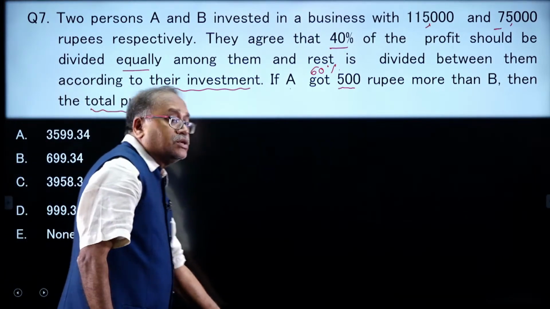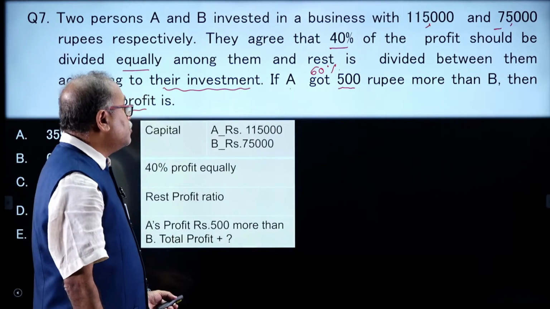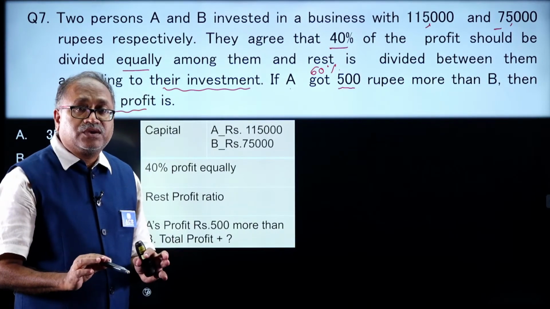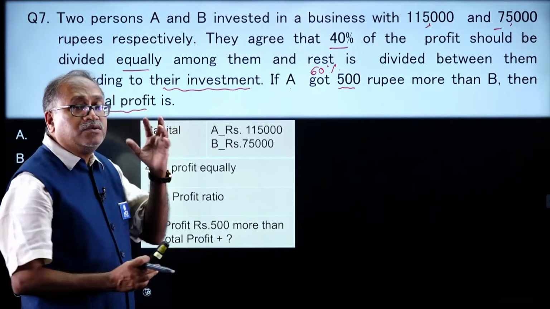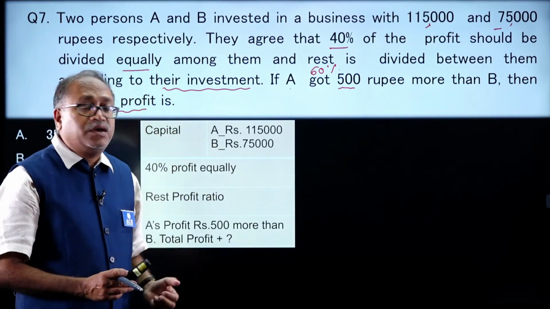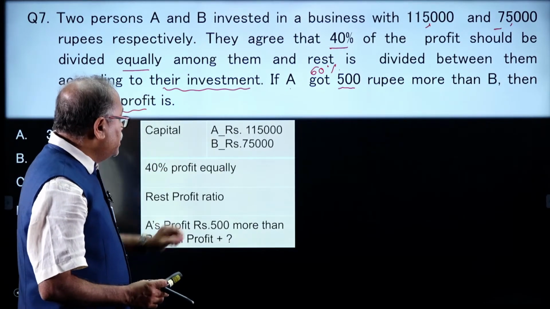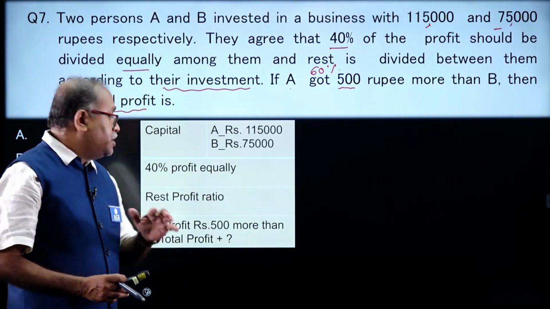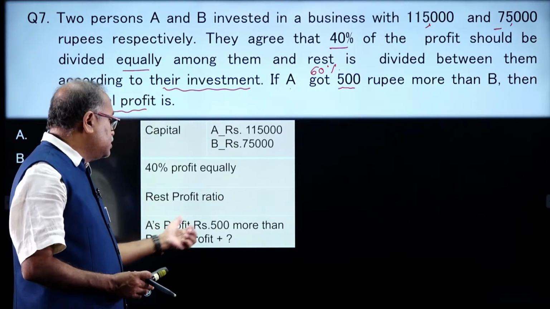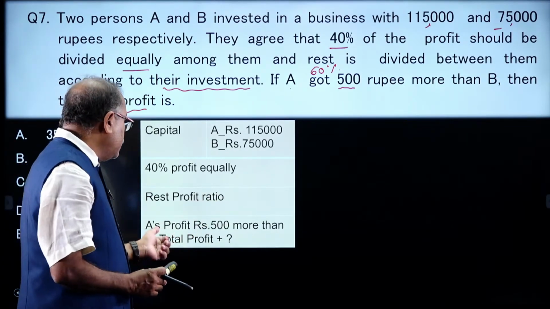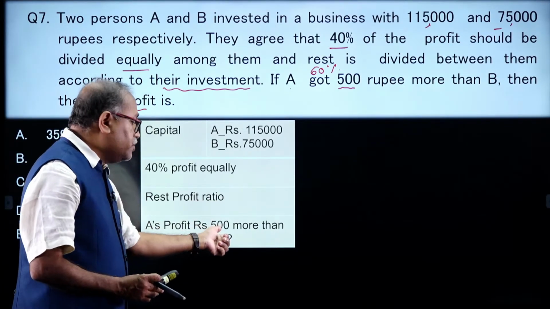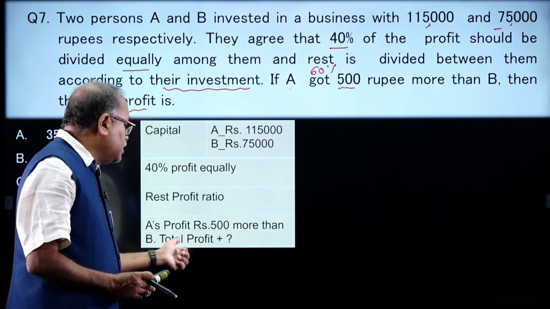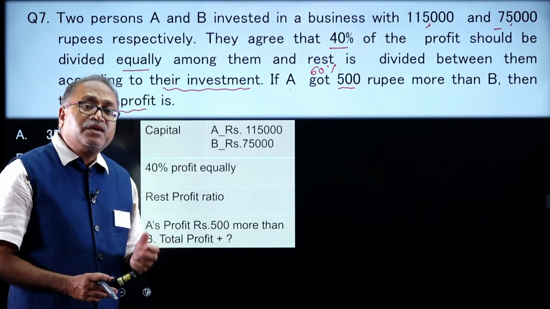Instantly in the examinations you should be ready to start answering the question, because before that you should have a concept of how to respond to a given situation. We have both the capitals, 40% dividing equally, remaining 60% is in the profit and loss ratio, and A gets 500 rupees more than that of B. So where will be the difference?